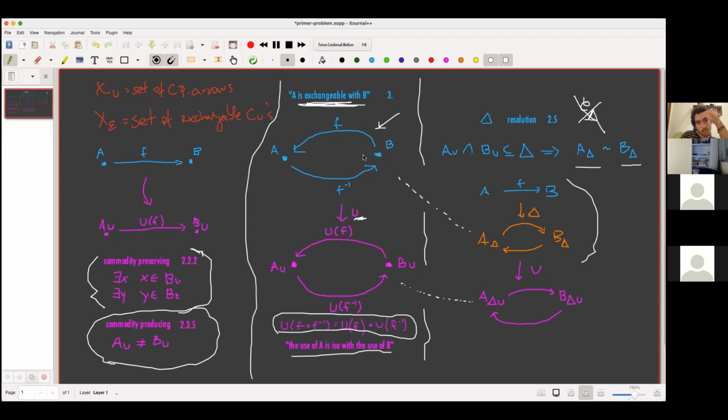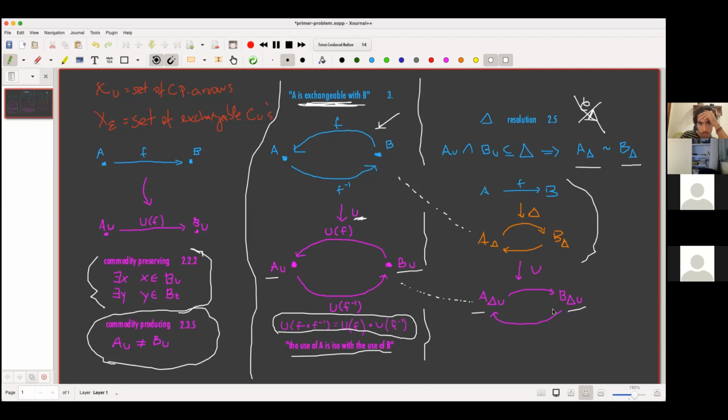What that means is under this resolution, we cannot tell the difference in their use sets either, right? Because once you apply this resolution to it, you do get this isomorphism between A and B, but you also have to say that their uses are isomorphic.